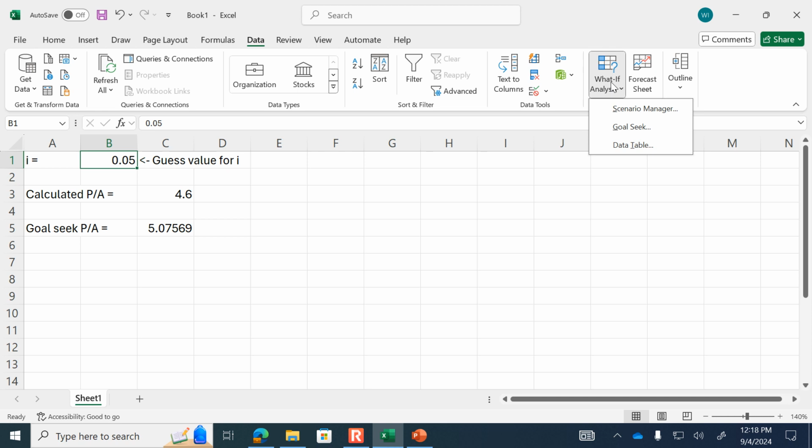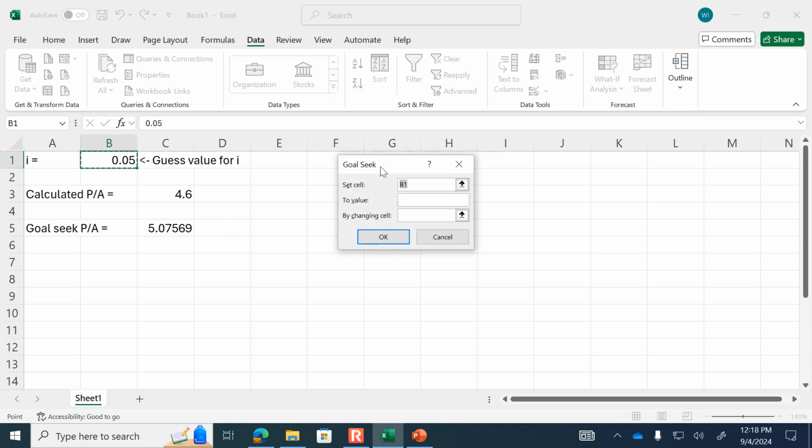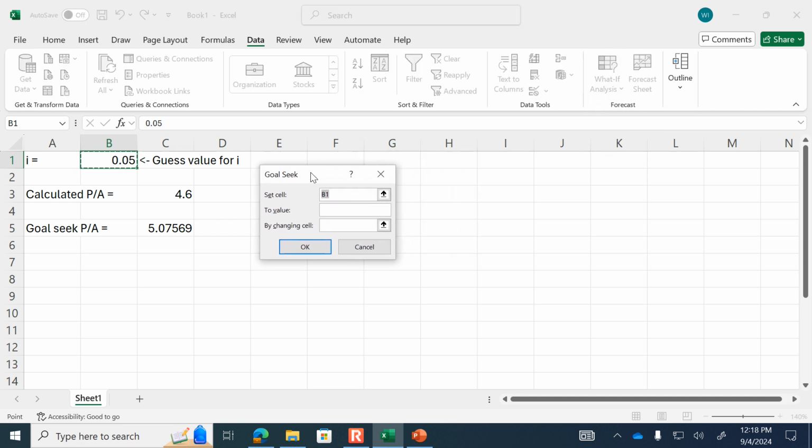What If Analysis, Goal Seek, I'm going to say, set this equal to 4.6 by changing I. So I'm giving it permission to put any value in cell B1 that's necessary to get the target cell C5 equal to 4.6.